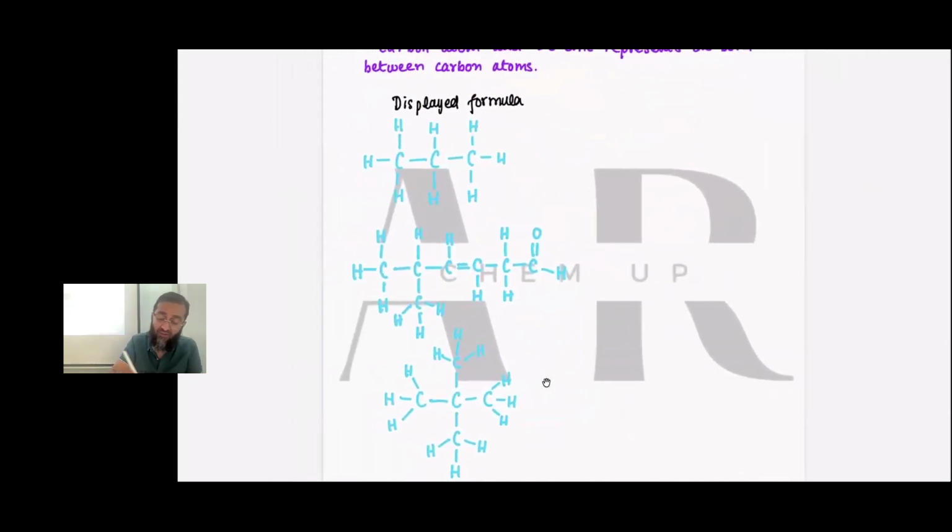And if I need to draw their skeletal formula.